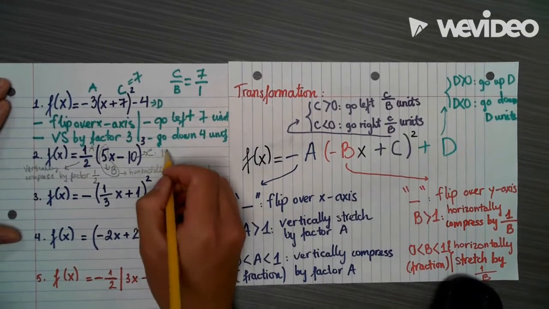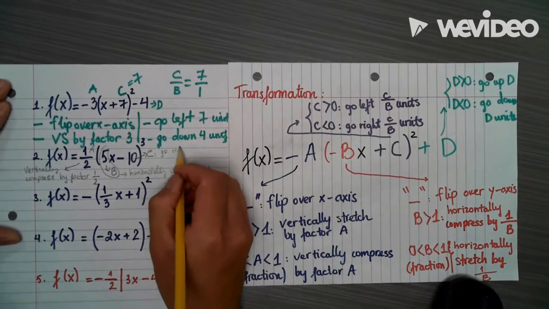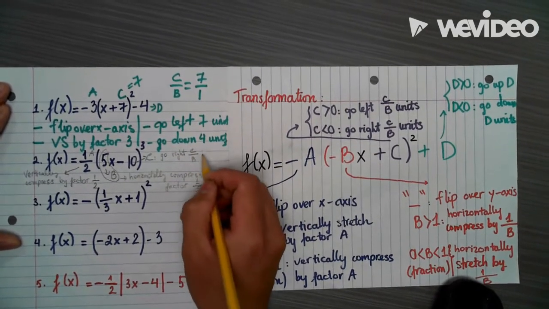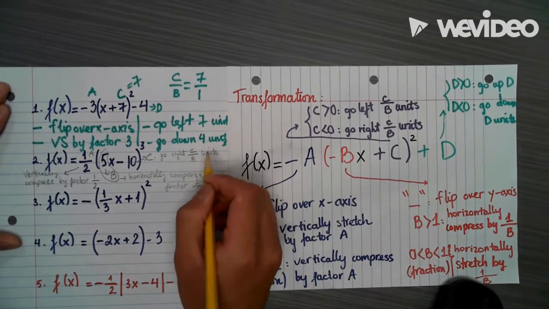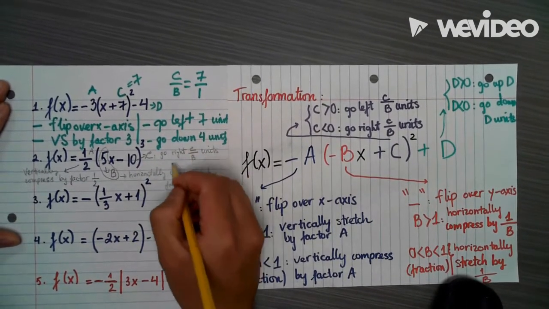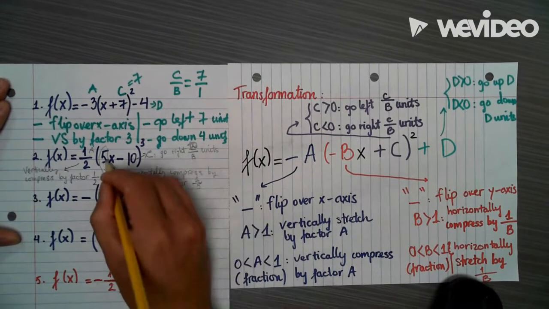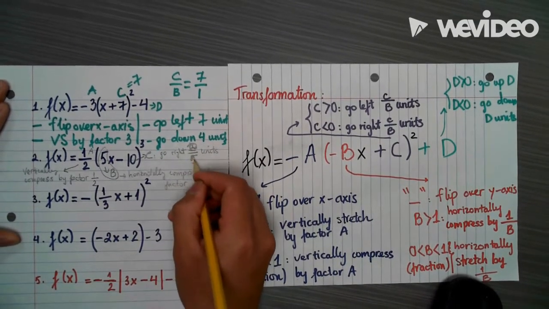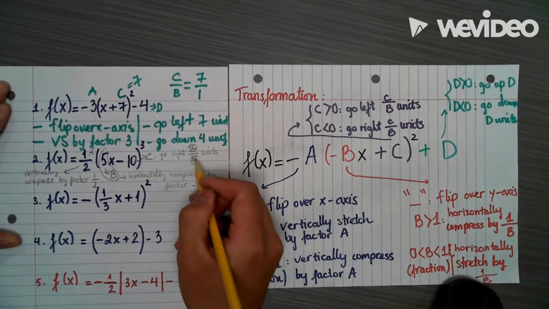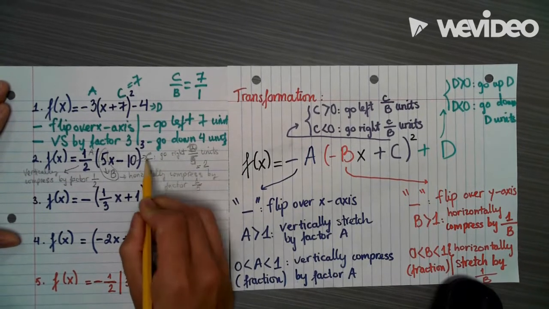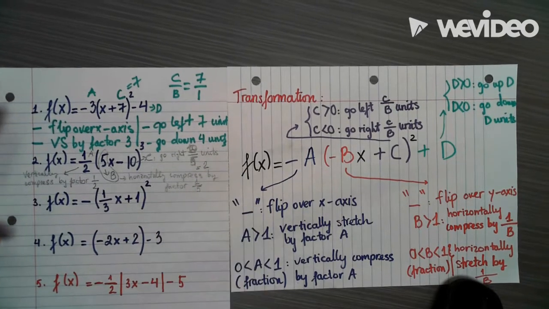So I'm going to write go right C over B unit. My C is 10, I'm going to write it here, and my B is 5. So 10 divided by 5 is 2, right? So go right 2 unit.